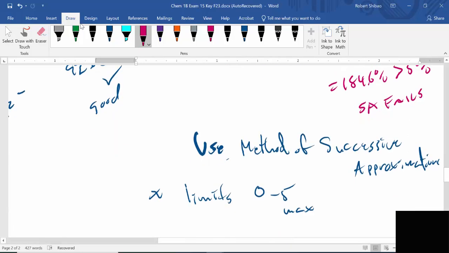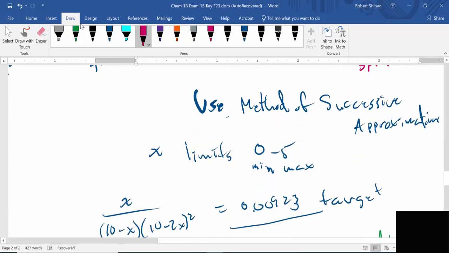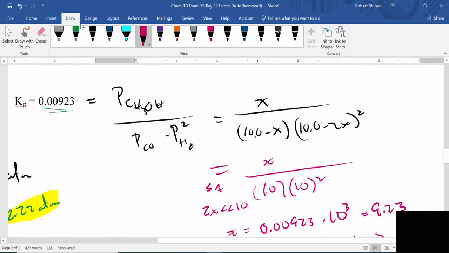Now, the first thing we do in the method of successive approximations is we determine the limits on x. X can range from 0, but it can't go below 0. It can't go negative. So x can go from 0 to 5, the max, because here, our big change, 2 times 5 is 10, so 10 minus 10 gives us 0.